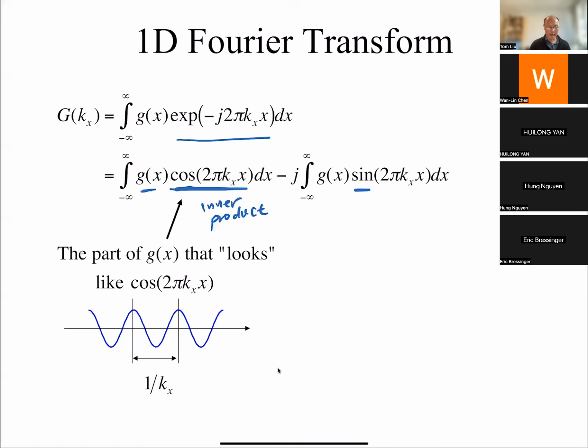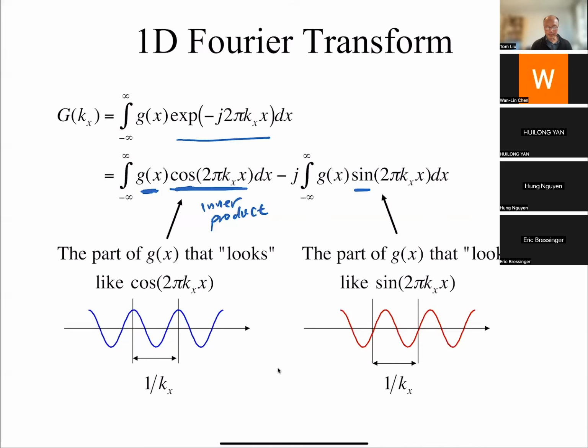It's essentially asking, how much does g of x look like cosine 2 pi kx x? The more g of x looks like that cosine of that frequency, the larger this integral will be. Similarly, because there can be phase shifts, we also have to ask, how much does g of x look like sine of 2 pi kx x?